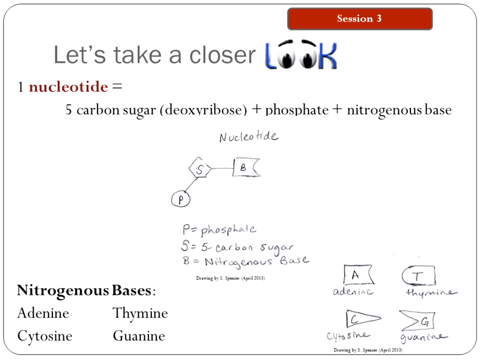Let's take a little bit of a closer look at a nucleotide. Each nucleotide has a 5-carbon sugar, a nitrogenous base of some kind, and a phosphate group. So a sugar, a base, and a phosphate group makes up one nucleotide.